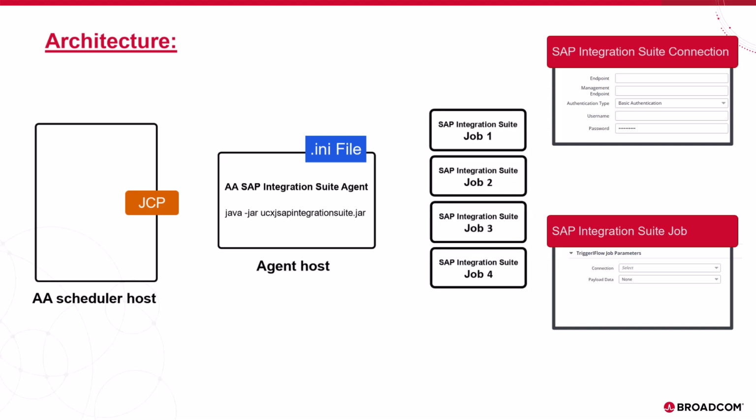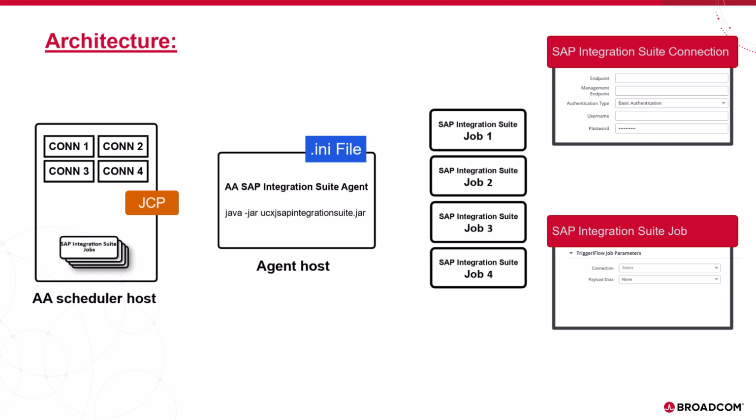Let's assume we're automating for 4 instances of the SAP Integration Suite. We create a connection object in Automic Automation for each instance by duplicating the con template for each of these instances. Lastly, we create the SAP Integration Suite jobs in Automic Automation for each corresponding process in the SAP Integration Suite. The Automic Automation jobs include the connection object based on the target system.